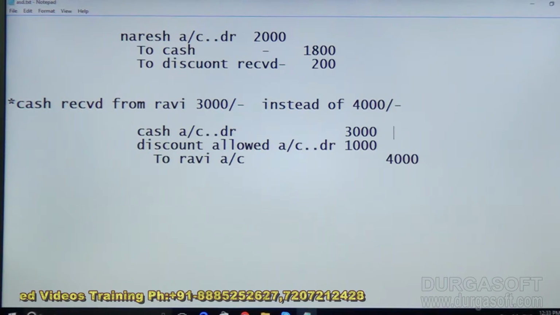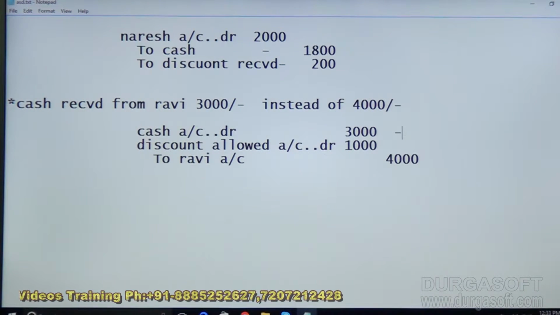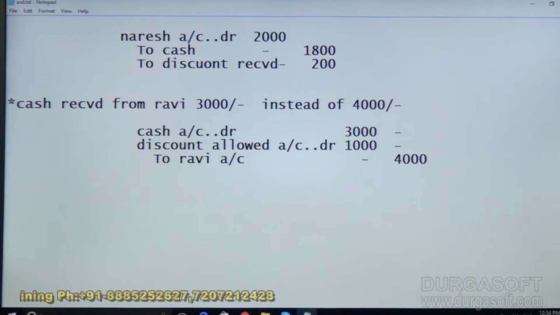So this is the way you need to write the entry: cash account debit, discount allowed account debit, to Ravi. So debit and credit are equal at 4000, no? So in this way we need to understand the transactions.